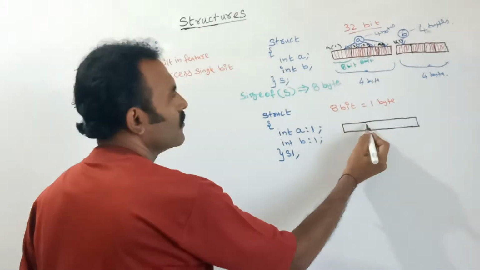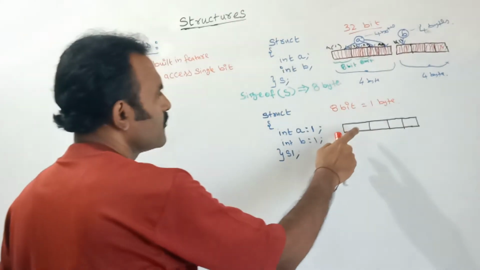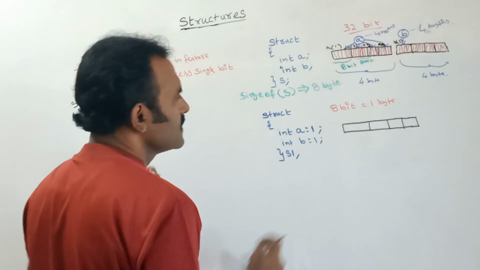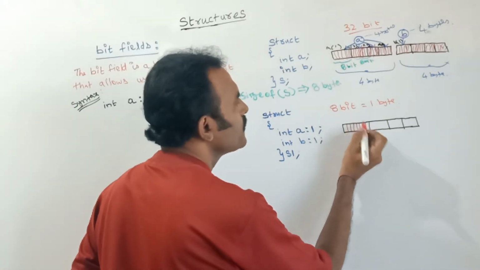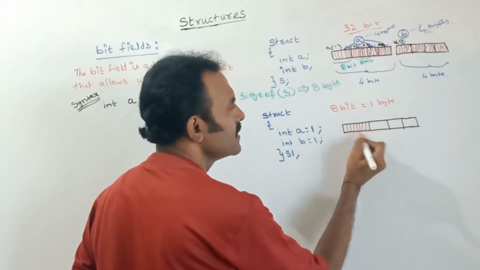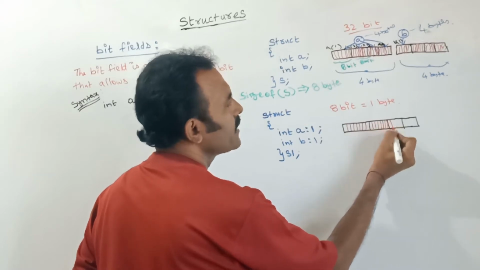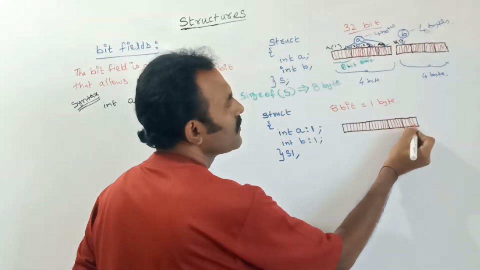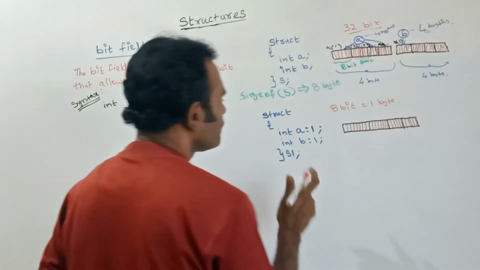See, each byte has 8 bits, because 8 bits is 1 byte, totally 4 bytes. For this byte 8 bits, for this one 8 bits, so totally 32 bits were allocated.